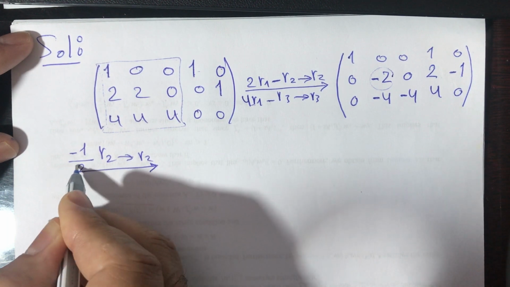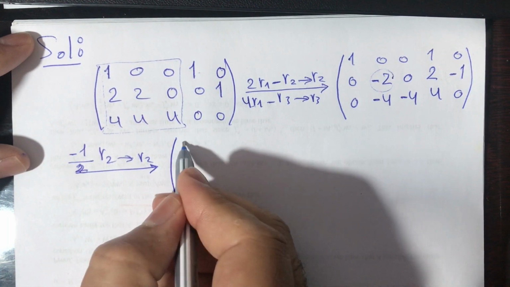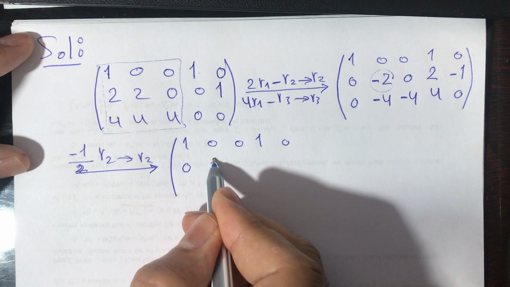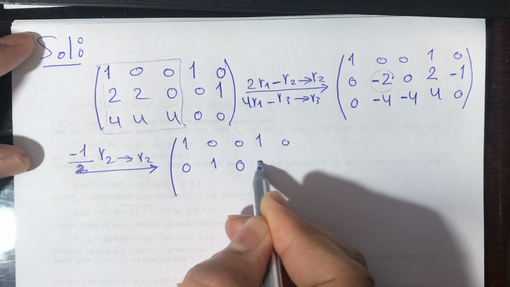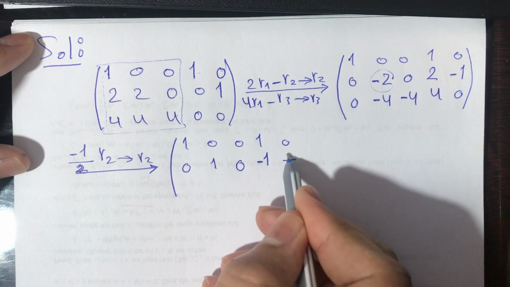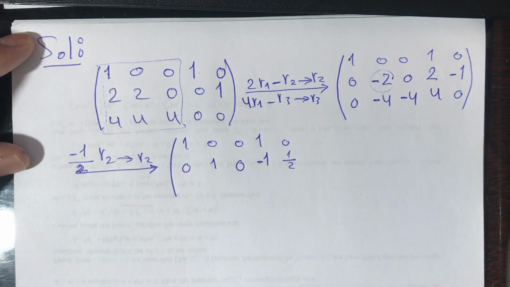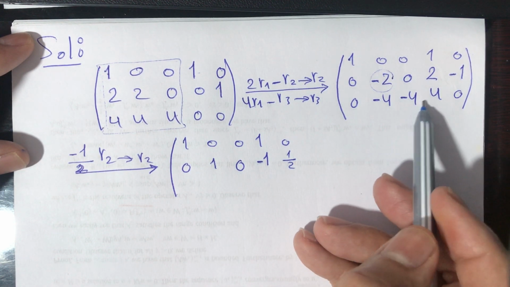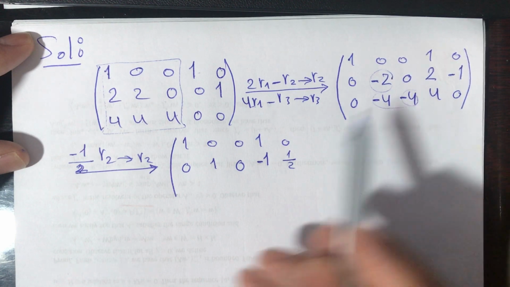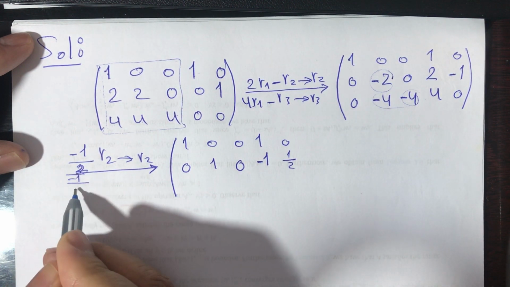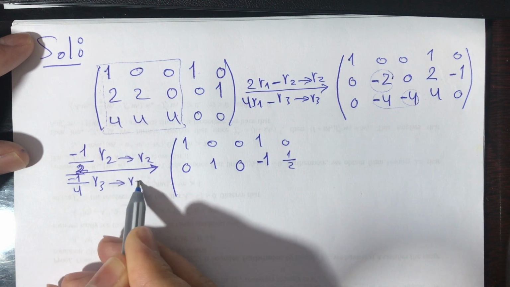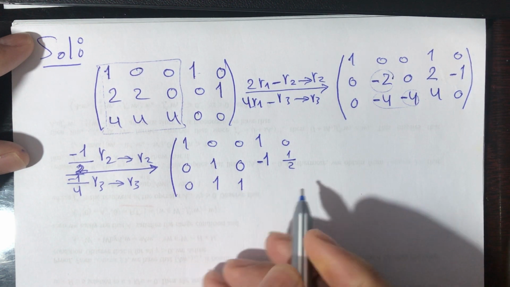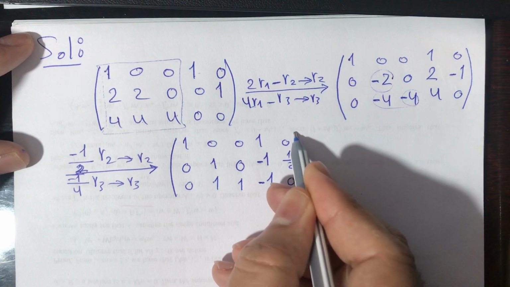Row 2 becomes 0 1 0 minus 1 and a half. Then minus 1 over 4 R3, written in R3: 0 1 1 minus 1 0.